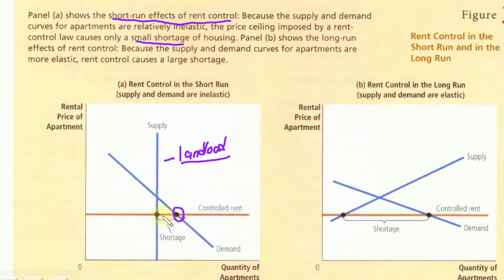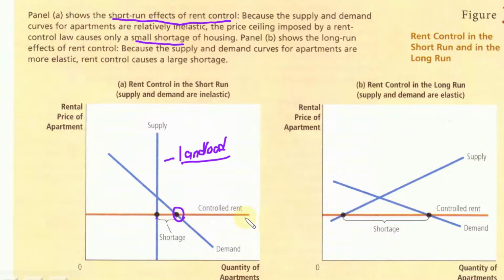So this gap, between the vertical supply and demand, is a shortage. The tenant wants to rent at or below the controlled price.